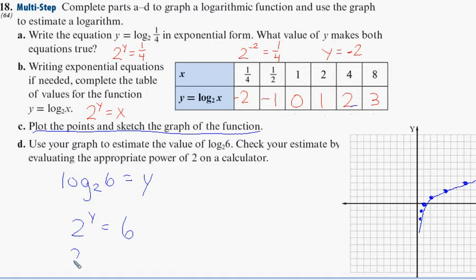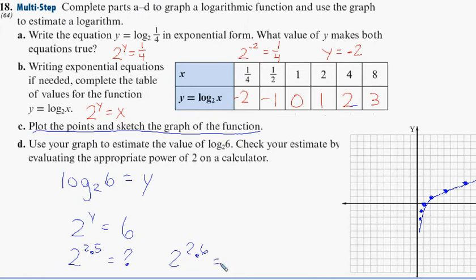Okay, let's try 2 to the 2.5 power. What does that give you? Okay. Well, try 2 to the 2.6 power. What does that give you? Okay.